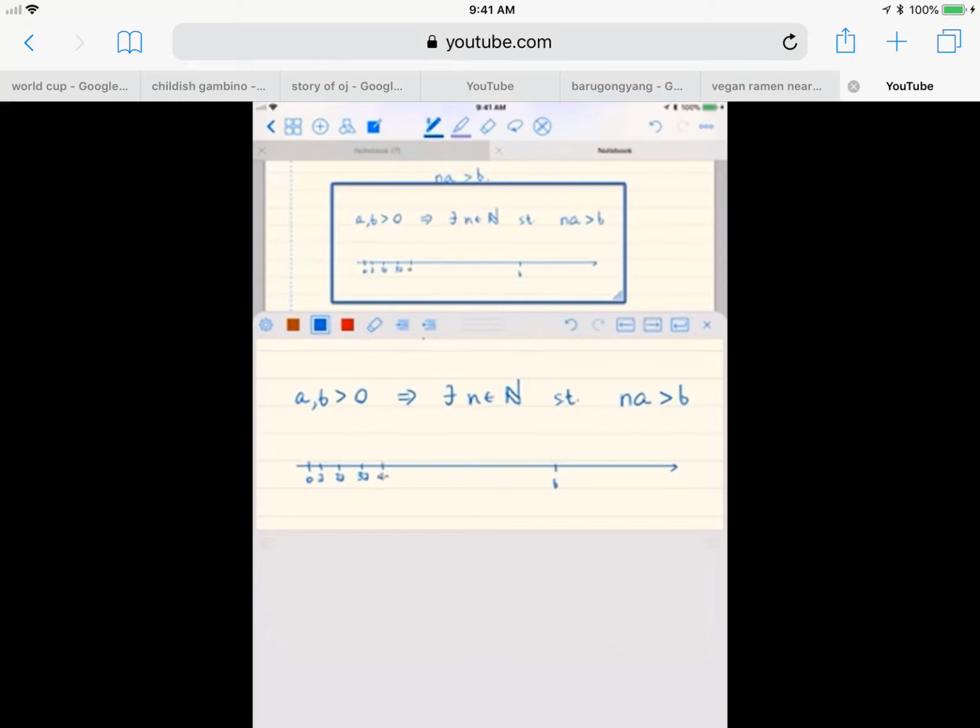And of course, if you have a, you can put in the integer multiples of a, 2a, 3a, 4a, 5a, etc. And the point of this theorem is to say that you can always find a positive integer big enough so that that integer multiple of a is greater than b.